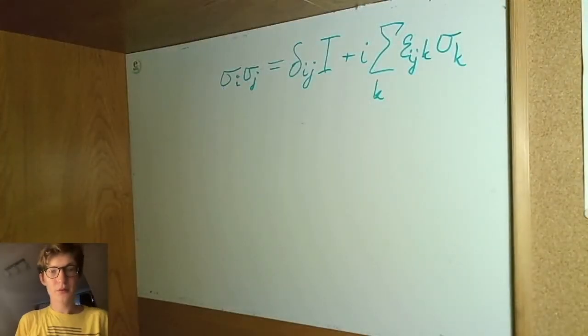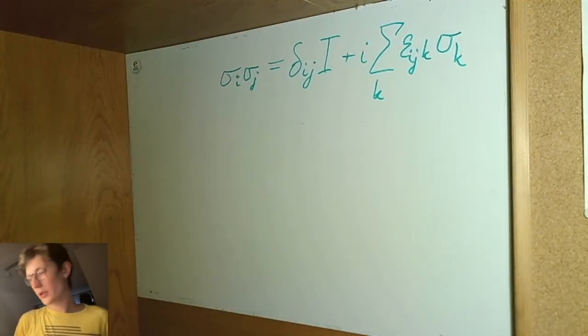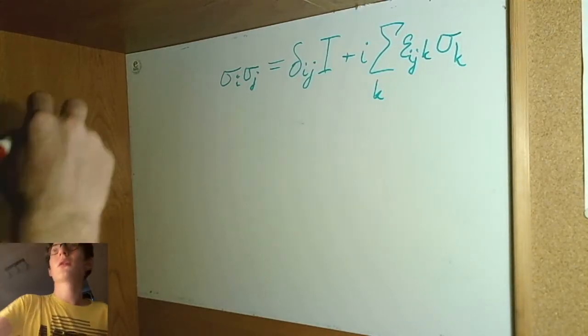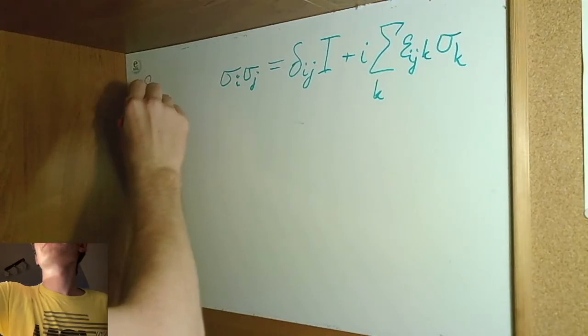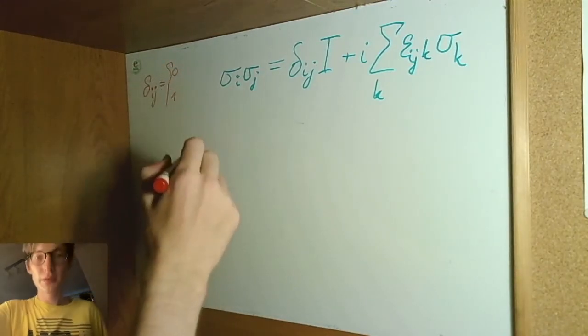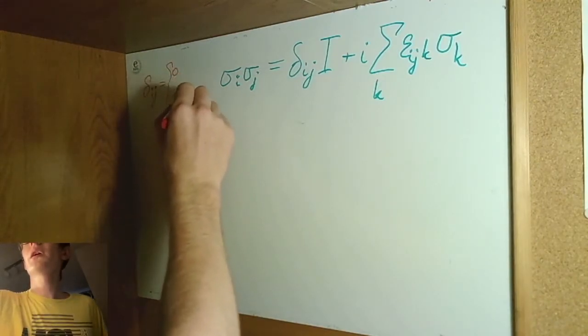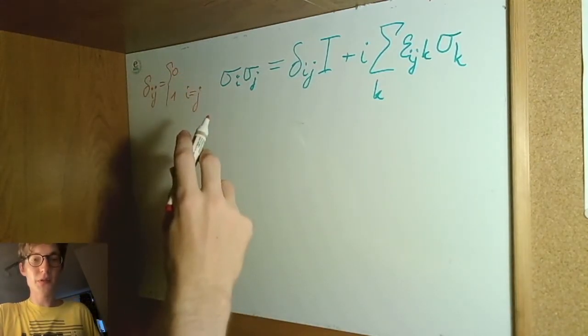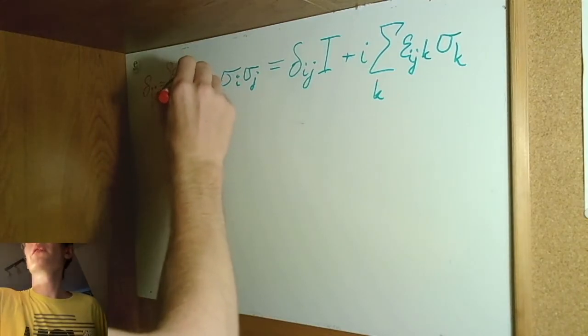So maybe I will show how it works on the side. So the Kronecker delta equals 0 or 1. 1 if these numbers are equal, and 0 if they're not equal.